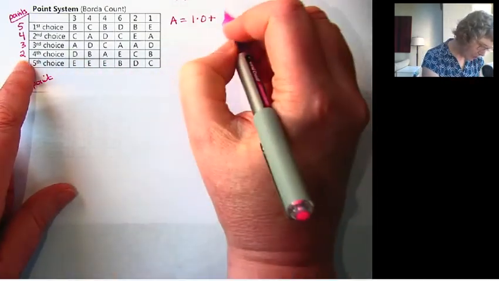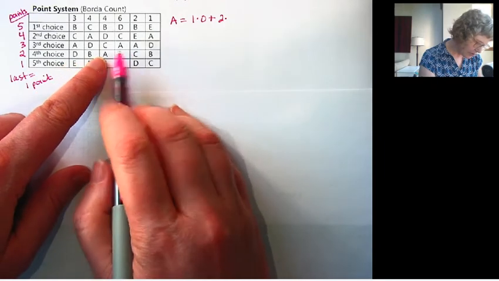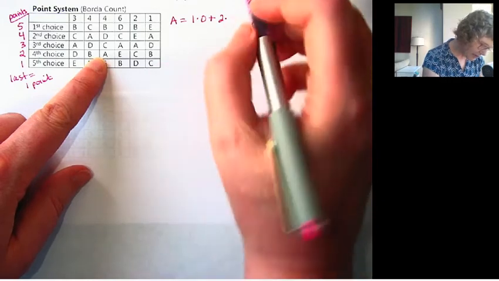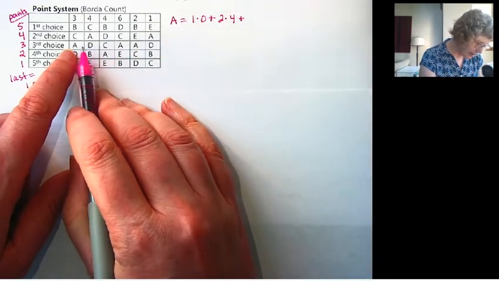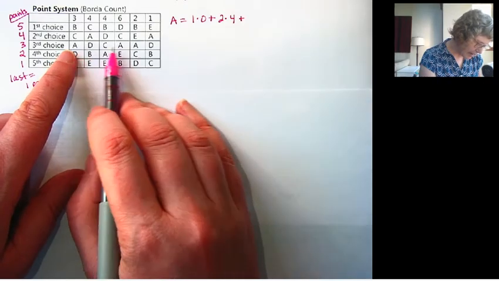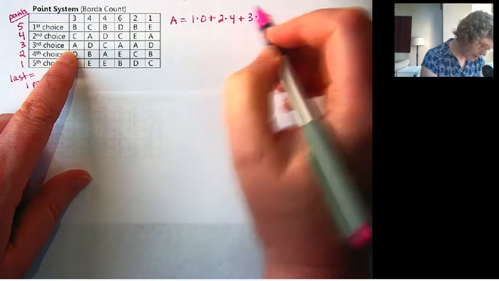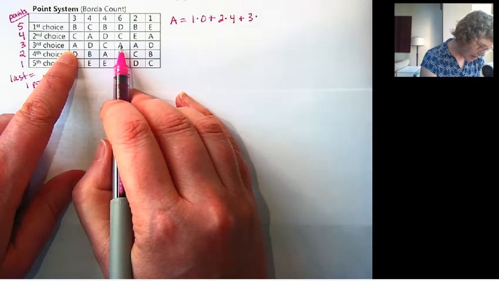plus 2 points, and A had 4 voters put them in 4th place. So 2 times 4. And then in the 3rd row, looks like A was 3rd choice a lot. So 3 points times 3, 9, 10, 11.